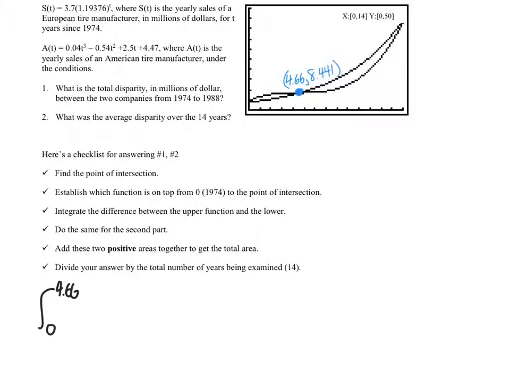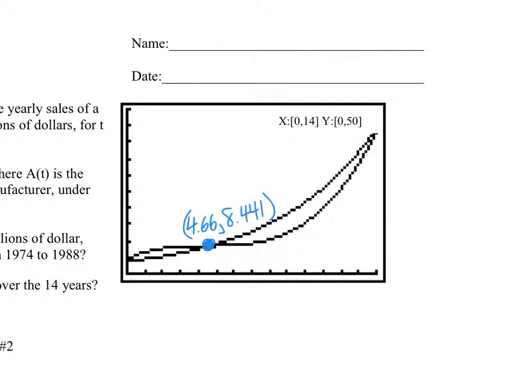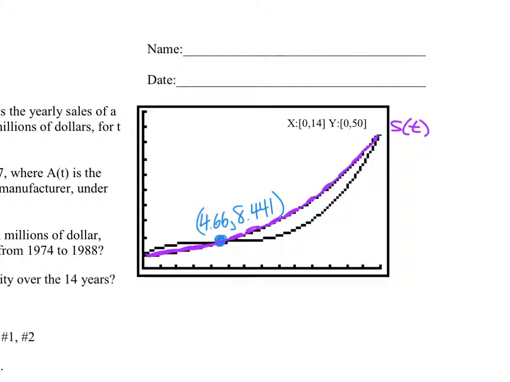All right, so I'm gonna highlight that. So this is my exponential function. That was, I believe, s of t. Then a of t was the other one.